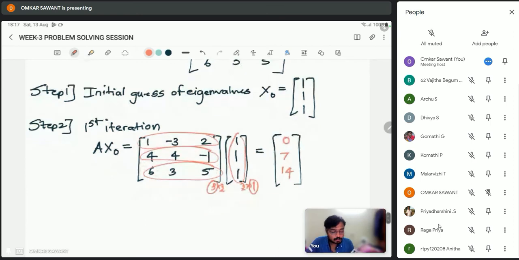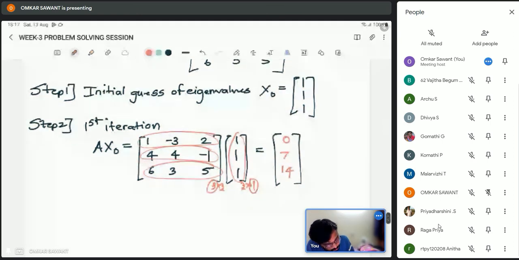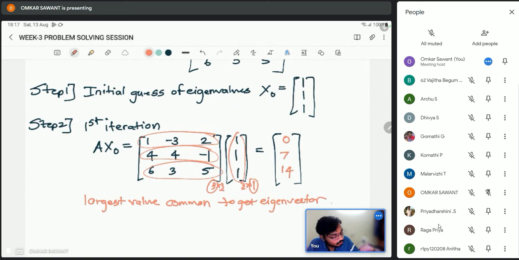Yes, sir. Now we will take the largest value common to get the eigenvector of the first iteration. For this iteration I am telling, right? So what is the largest value? The largest value is 14 here, right? We take common 14.